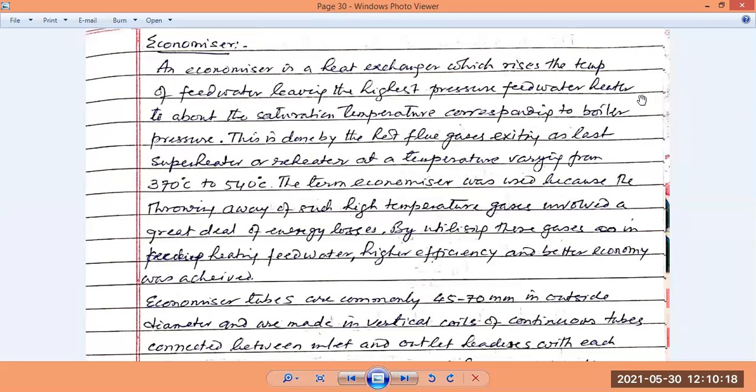Thus it is absorbing a considerable amount of energy from the flue gases. By these gases preheating the feed water, higher efficiency and better economy are achieved.